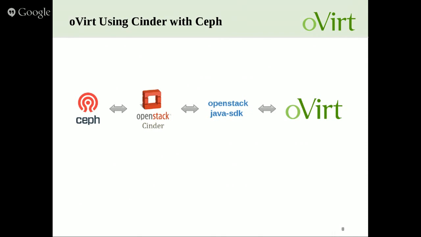We have the oVirt engine, which communicates with Cinder through the OpenStack Java SDK, which Urea provides. Cinder add, delete, update of disks and snapshots in Ceph are done through Cinder. And oVirt is actually using Coco to sample Cinder and know if the task has ended or not.